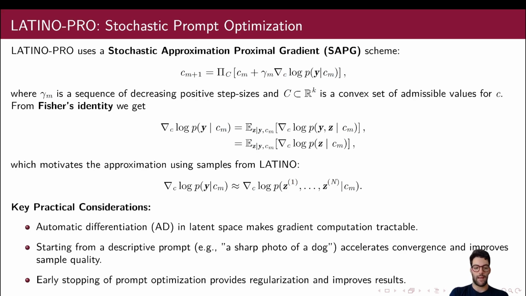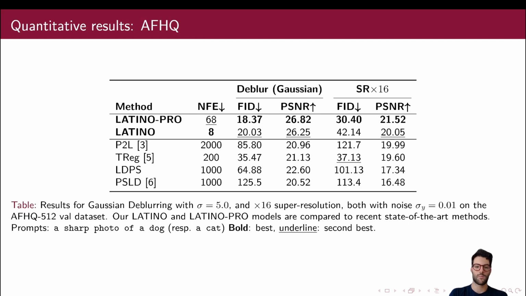The main point is then to do these things multiple times until we are, let's say, happy with a specific prompt. We can now see some results, some tables, and we can see that LATINO-PRO and Latino both improve by a lot metrics like FID or PSNR on different examples like Gaussian blur and super resolution times 16, which is really high.